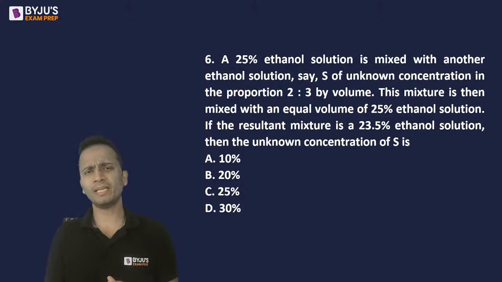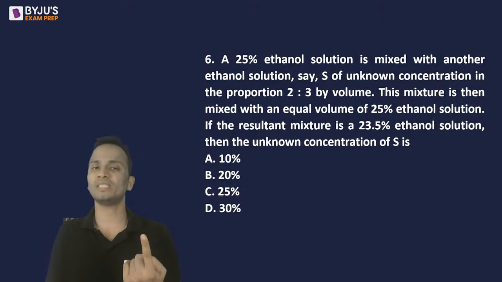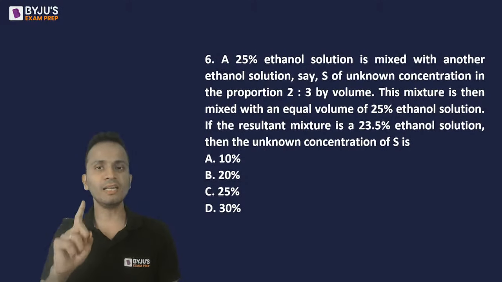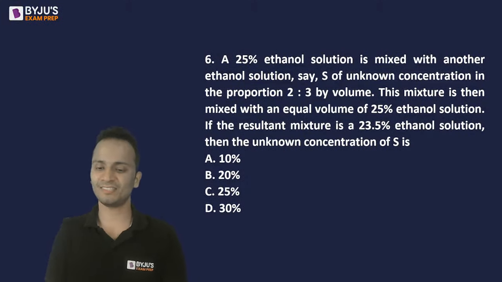Now, this question might look a little lengthy when you read it, but the final answer can be obtained in one step or maximum 2 steps. Just make a single equation and you will get the answer. Believe me.